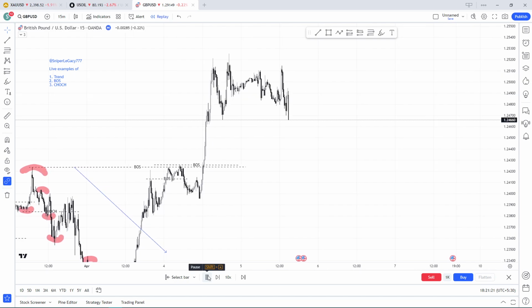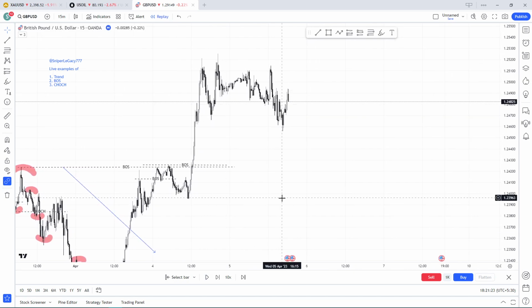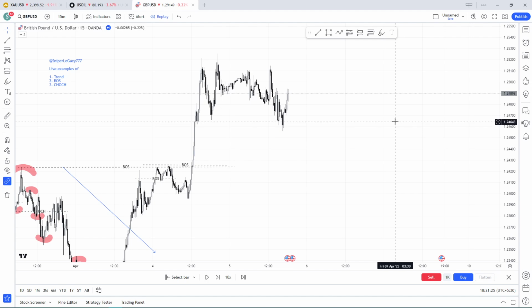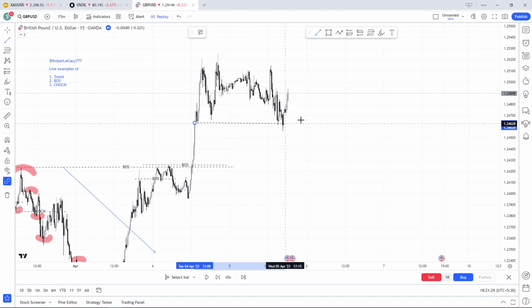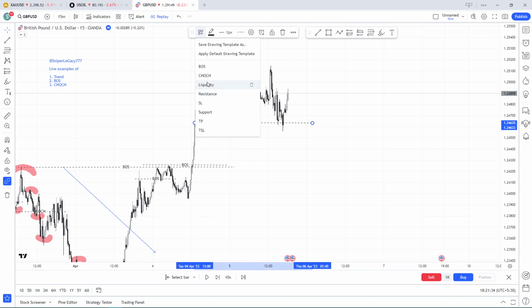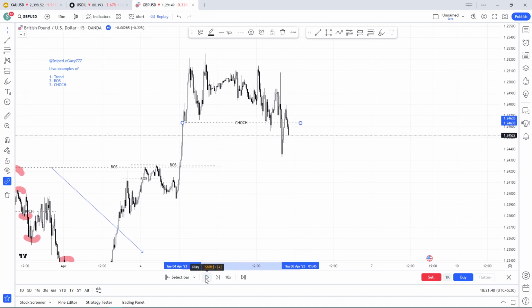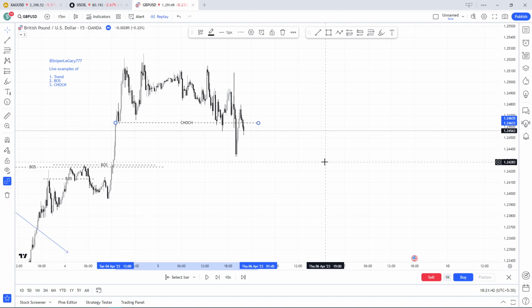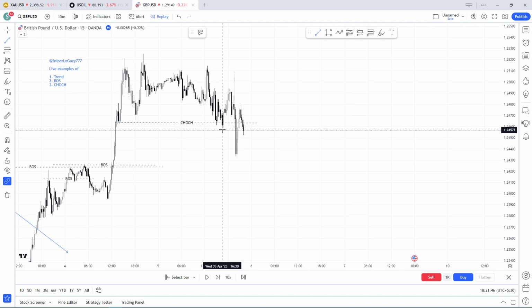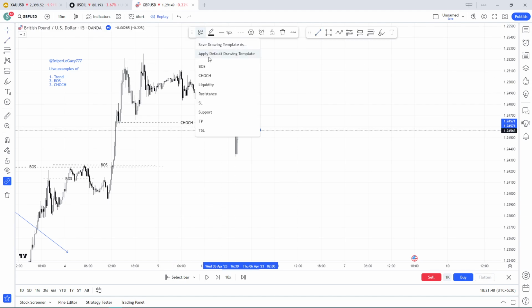We are consolidating. If I consider this as the low, that is the internal structure, then we have a CHOCH and we can expect GU to go down. Yes, that is what it did. So that was our CHOCH, and this candle break was our BOS.